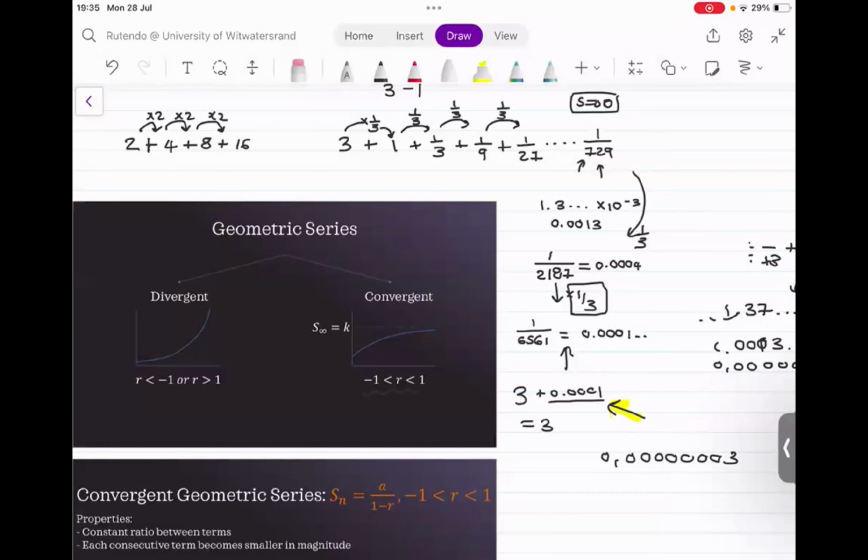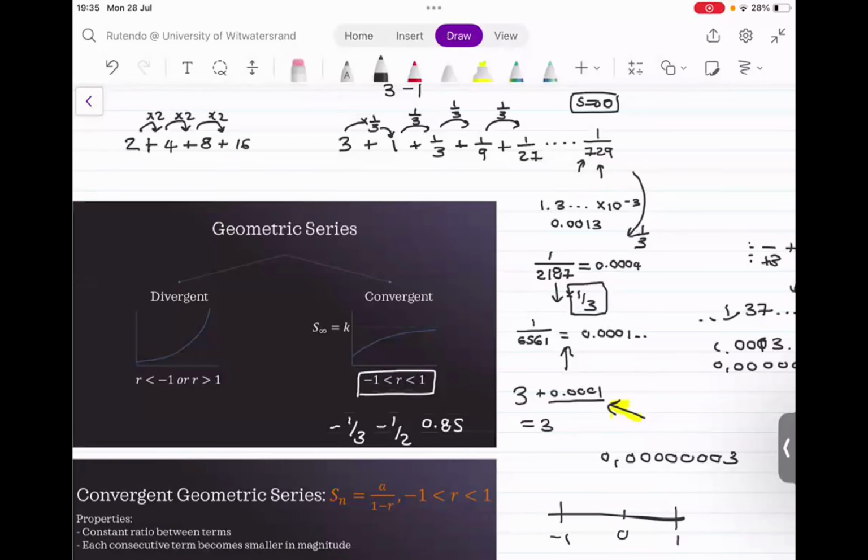This is the most important part, the only important part. If the R is between -1 and 1. So you can have an R of -1 over 3 or -1 over 2 or 0.005 or 0.85. Anything between -1 and 1 on the number line, right?